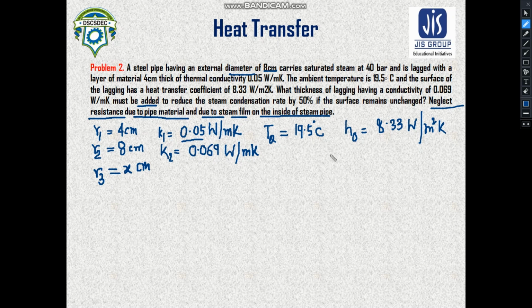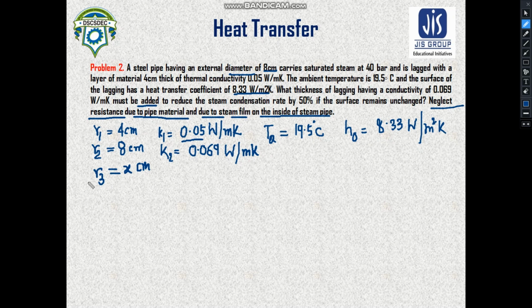The ambient temperature is 19.5 degrees Celsius, and the surface of the lagging has a heat transfer coefficient of, so this refers to the convective heat transfer coefficient. So we have taken it as HO, and this HO is 8.33 watt per meter square Kelvin.